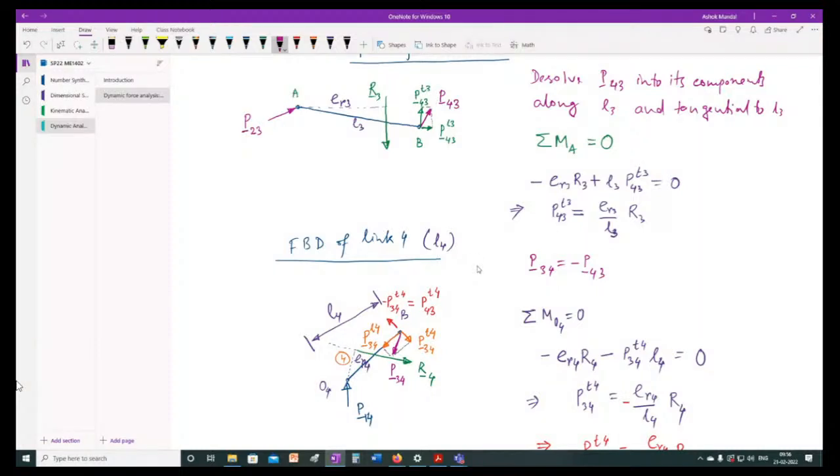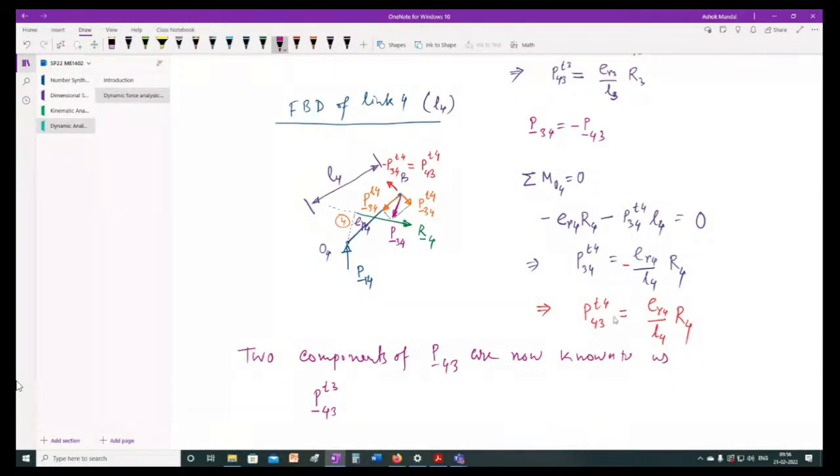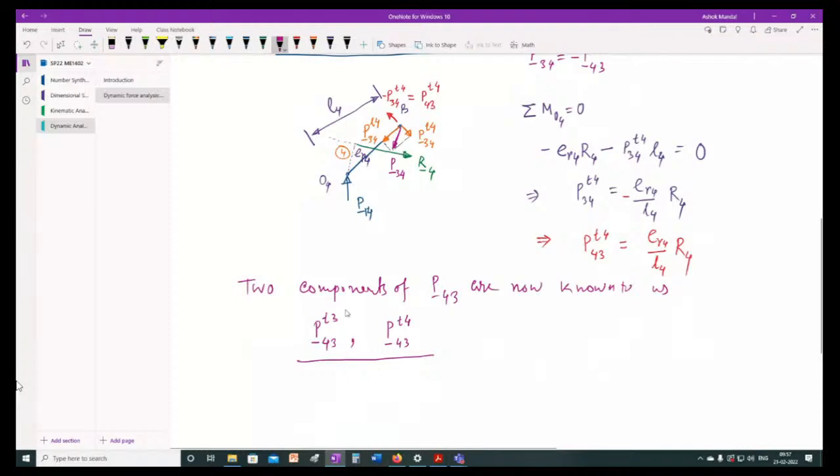Another thing, from this free body diagram we have got this relation, from which the magnitude of P43 tangential to link 4 is also known to us. These two components of P43 are known.